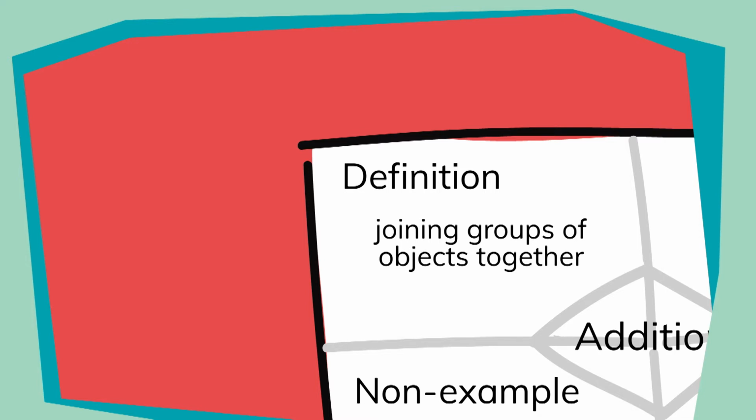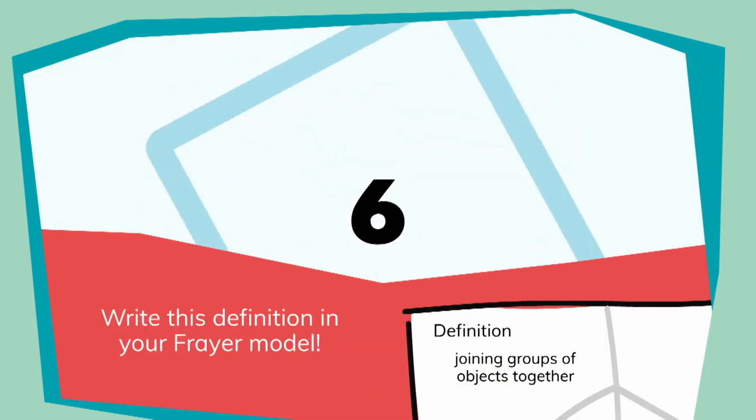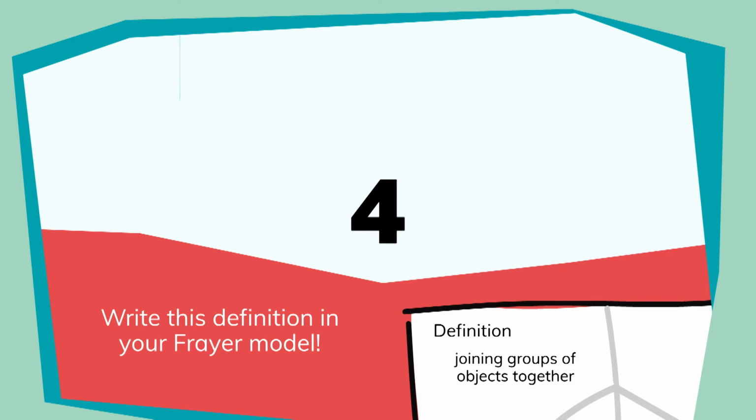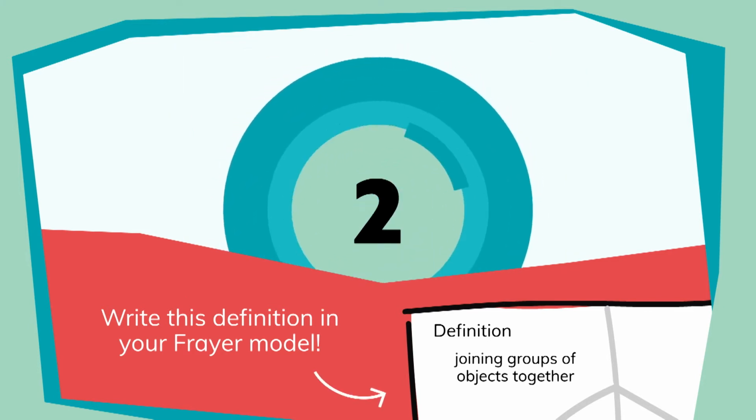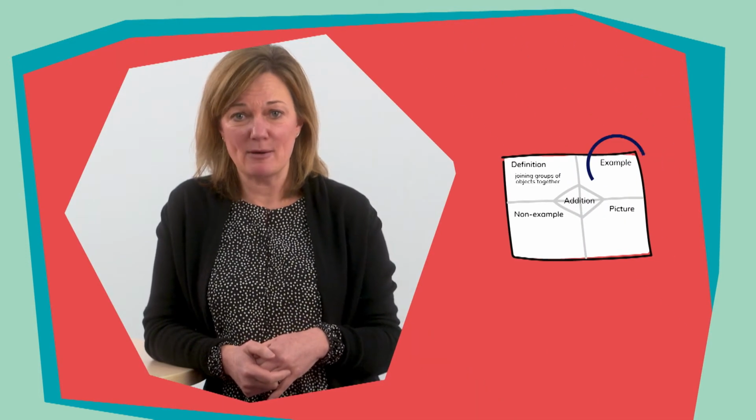Splat and I are going to give you some time to write this definition in your Frayer model. As we learn more about addition in today's lesson, you will be able to add examples, non-examples, and draw a picture to show your growing understanding of addition.